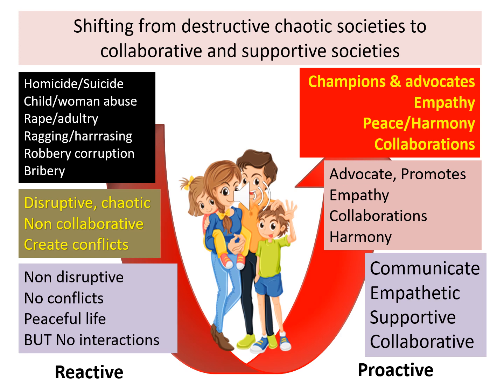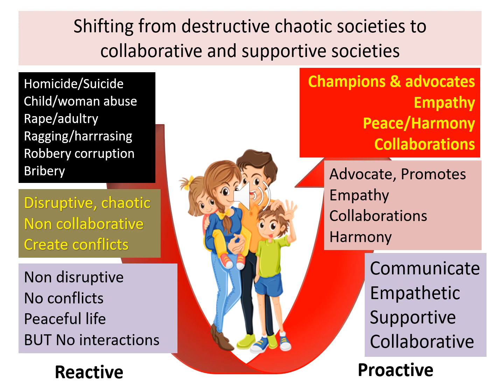So you can use rules and regulations, intensify them, have a very good administrative structure. Probably you will be able to control them, but then the society is not going to be all that peaceful and calm, because there will be eruptions of disruptive, chaotic, non-collaborative behaviors, and they might create conflicts.